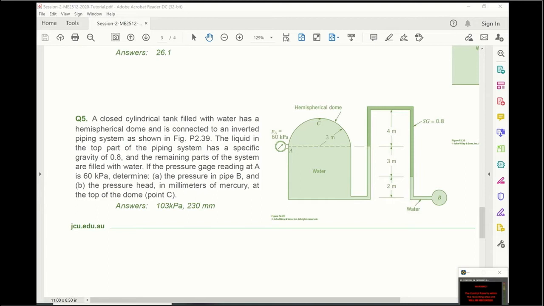Now you can use that density plus the formula rho g h. Just don't confuse yourself.